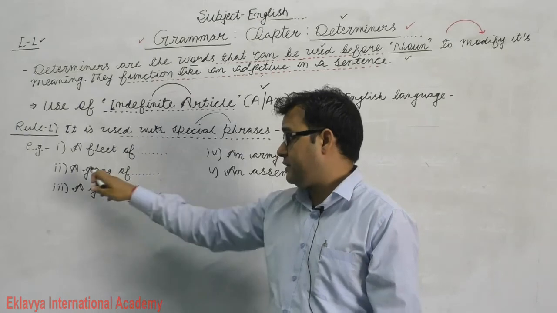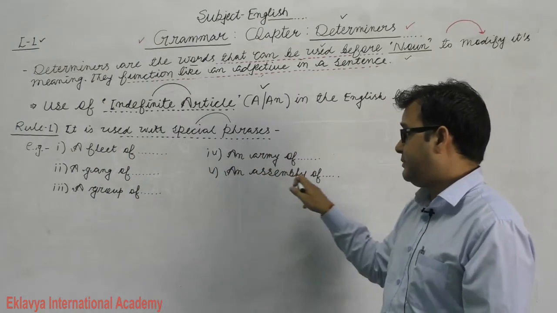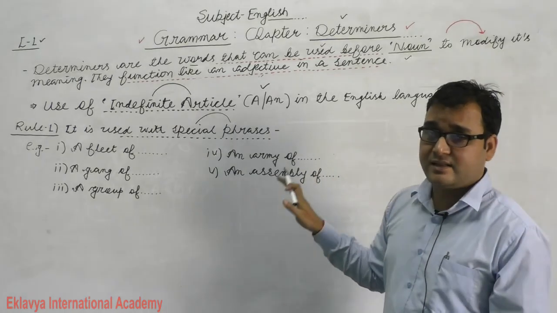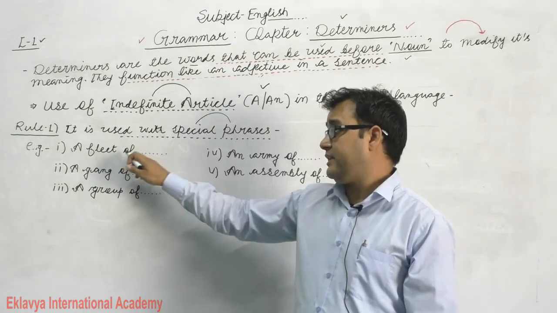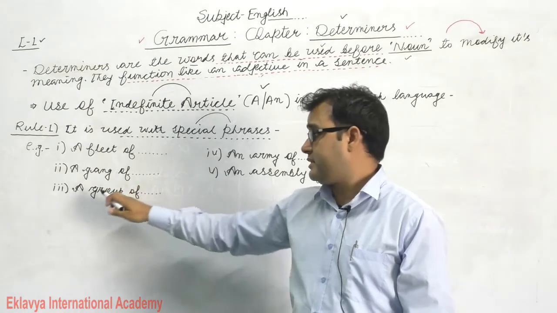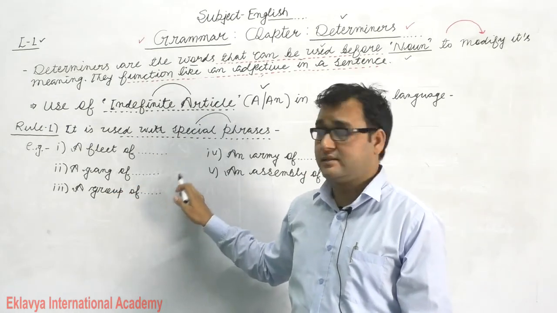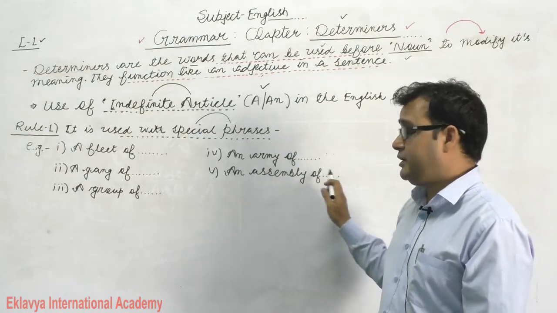Is it clear? These are the phrases we use always with indefinite article. A fleet of ship, a gang of dacoits, a group of students. Next we have an army of soldiers, an army of ants, an assembly of ministers.